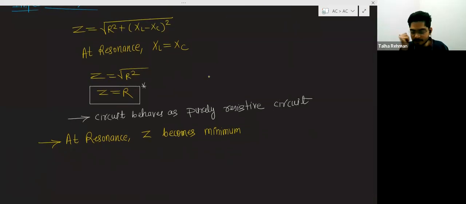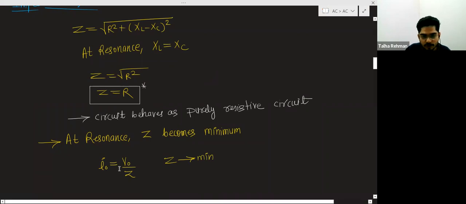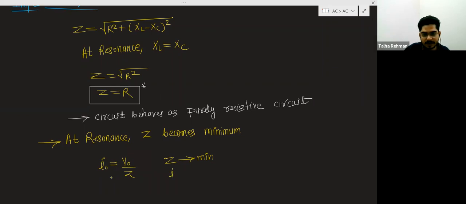And if Z becomes minimum, then what can you say about the current? Peak current in the series LCR circuit is given by the peak voltage divided by the impedance. When Z becomes minimum, then the current in the circuit will become maximum.